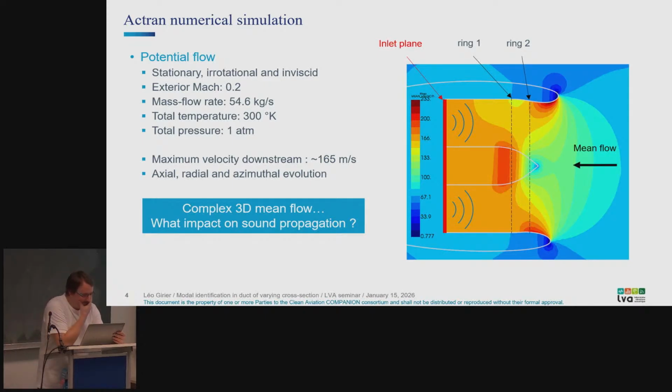Sorry, this is the total temperature outside of the engine, where there is no mean flow, so it's equal to the static temperature. So it's 300 K. Exactly, that's exterior Mach, exterior temperature and pressure.